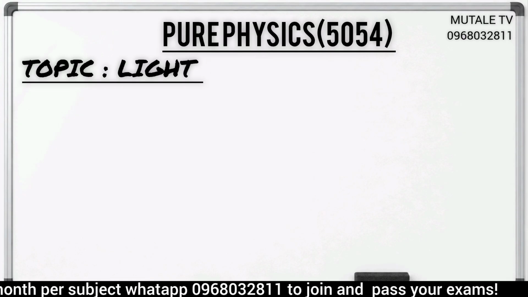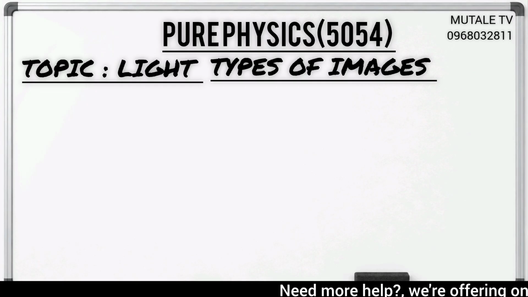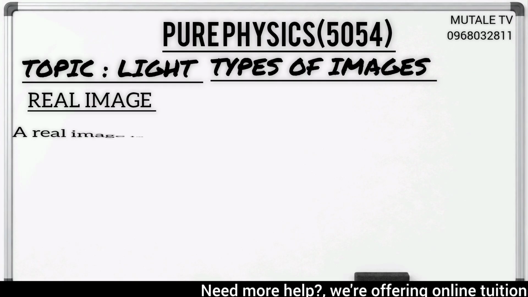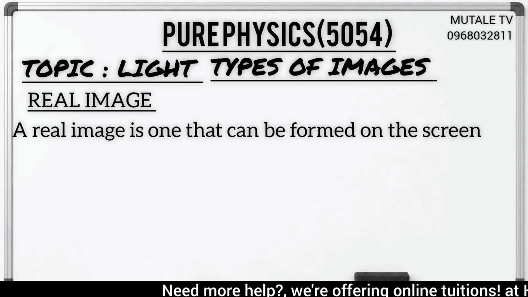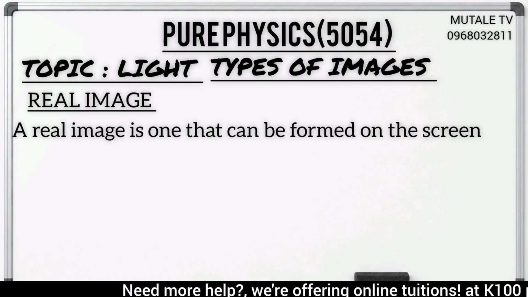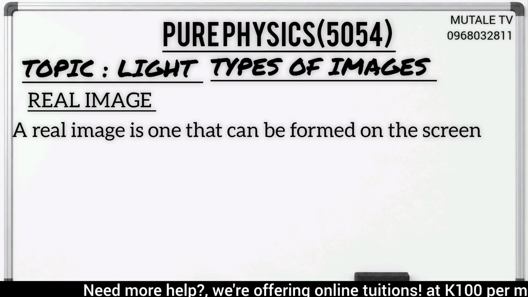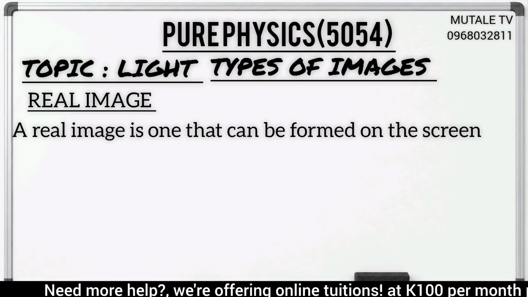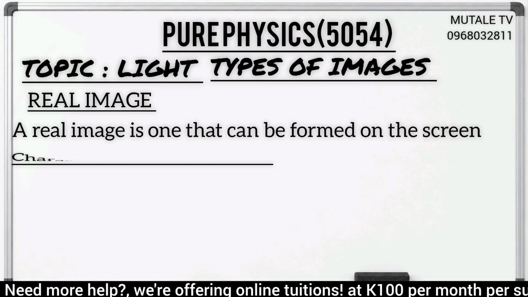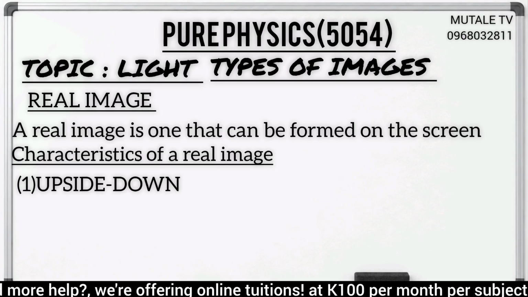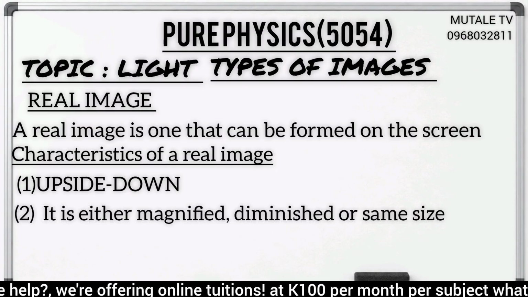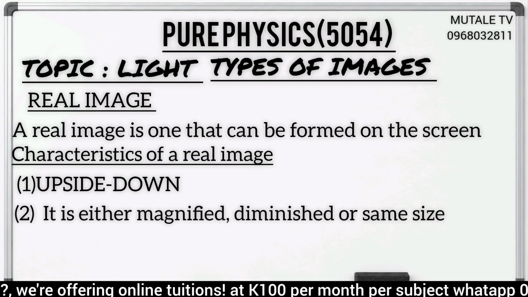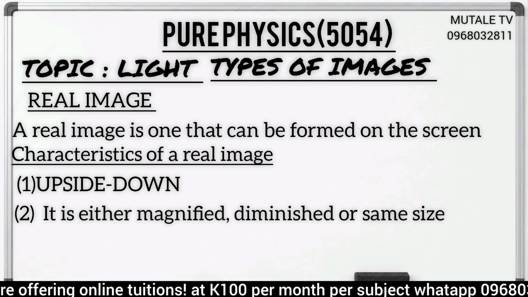When a converging lens forms an image, that image can either be real or virtual. A real image is one that can actually be formed on a screen and can be seen clearly. It must be properly focused by moving the screen near to or away from the lens. A real image is always upside down. It can be magnified, diminished, or the same size as the object.